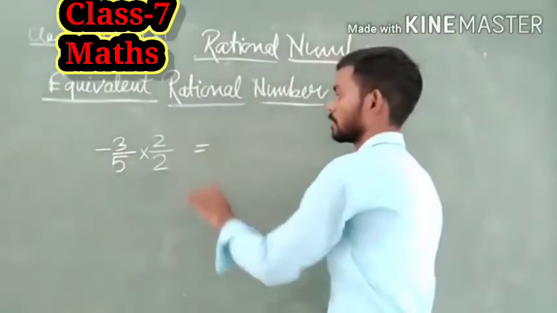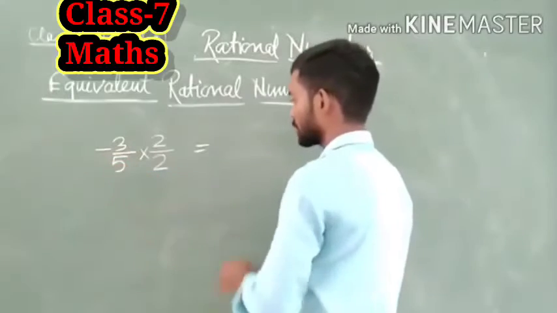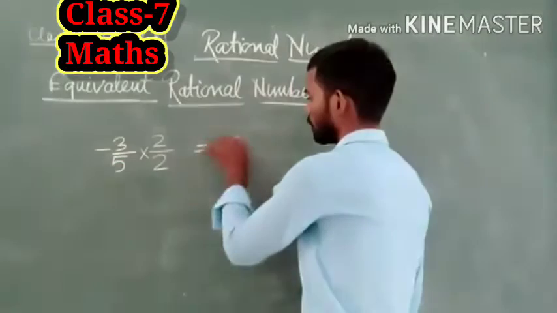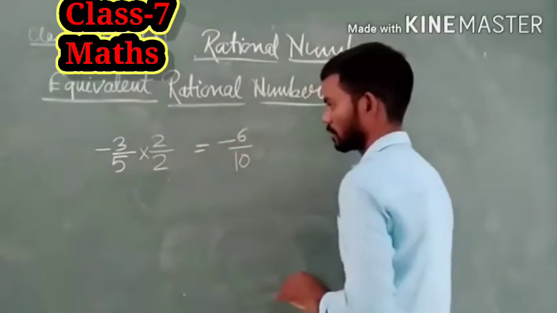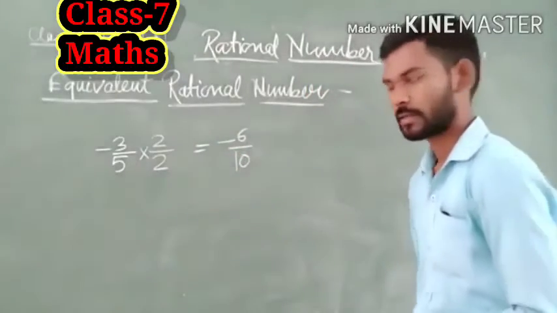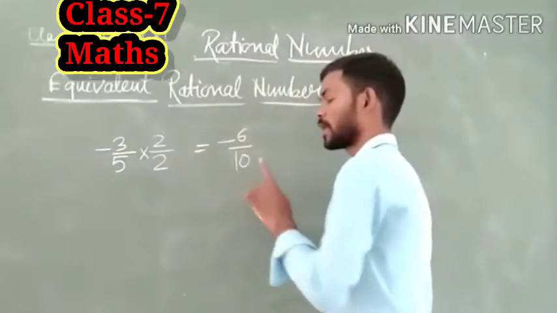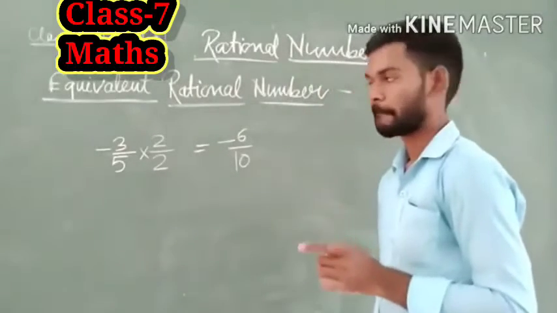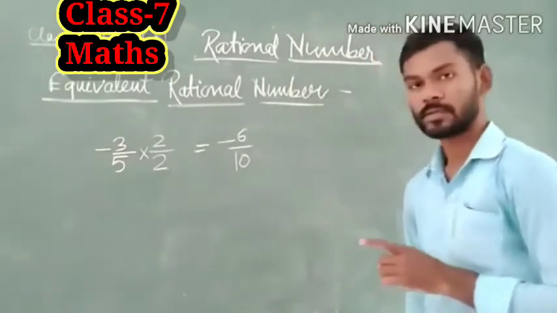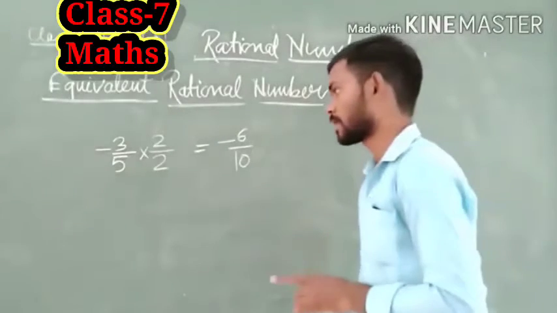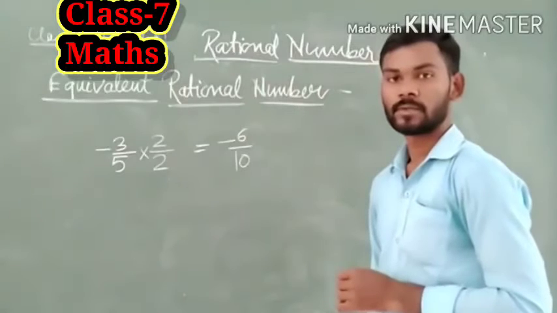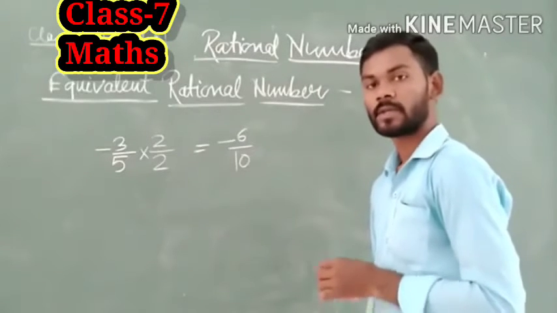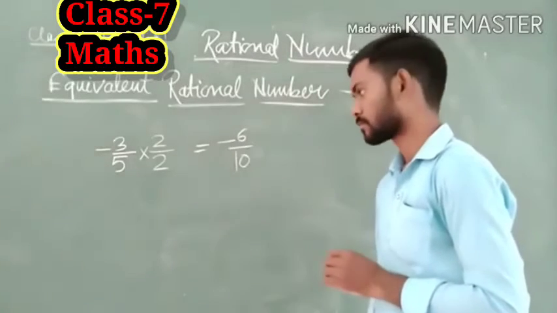After the multiplication, we get minus 6 upon 10. So we can say that minus 6 upon 10 is the equivalent fraction of minus 3 upon 5. Okay, I hope it is clear.